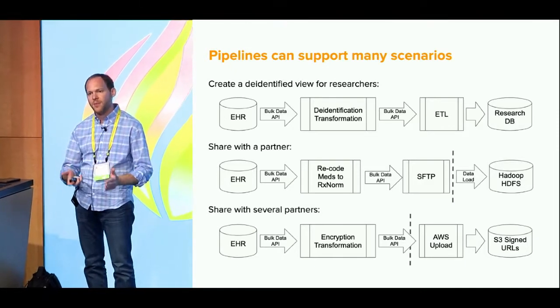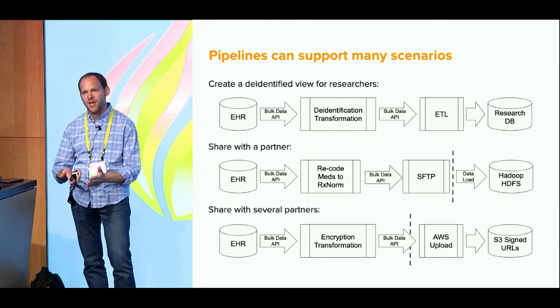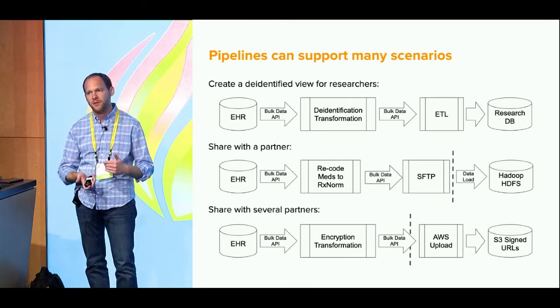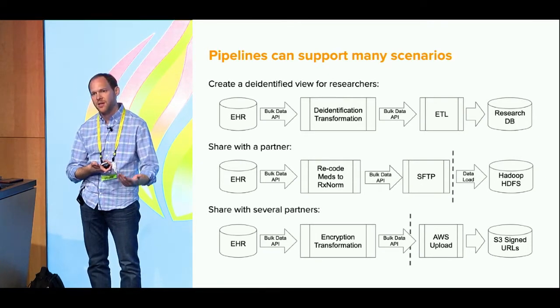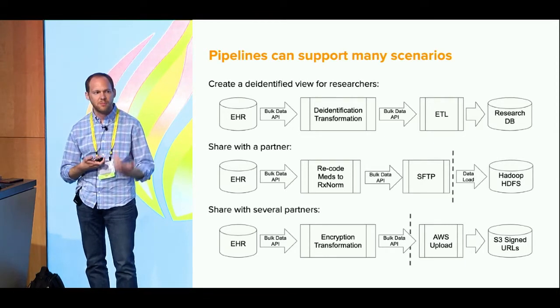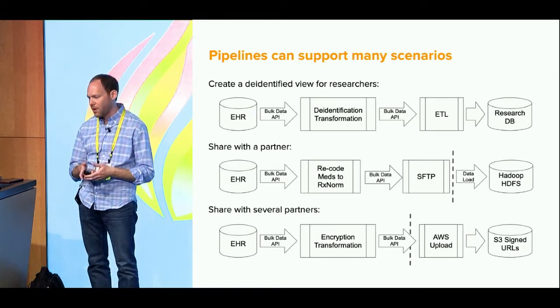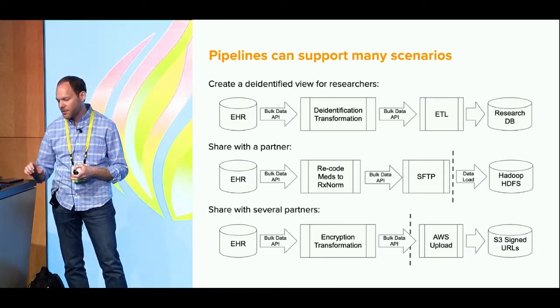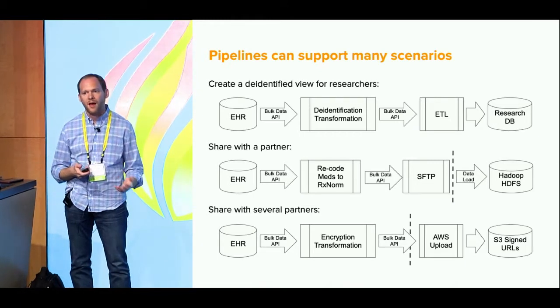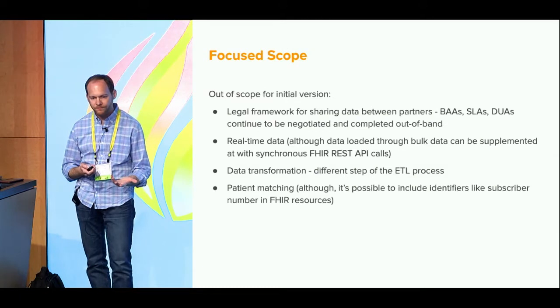And then that might be read by an ETL module, which could then put the data into a research database. And if you want to swap out and use a different type of de-identification, because these APIs are open, they could both implement the same bulk data APIs and just plug into that pipeline. I'm not going to go through all the examples here, but there are a lot of other cases where this makes sense as well. And it's really powerful once you have open APIs for this.